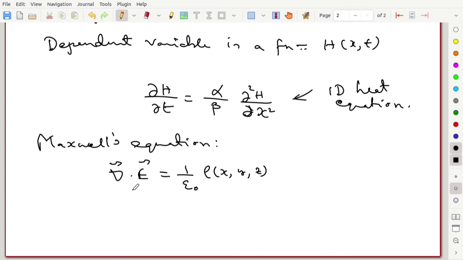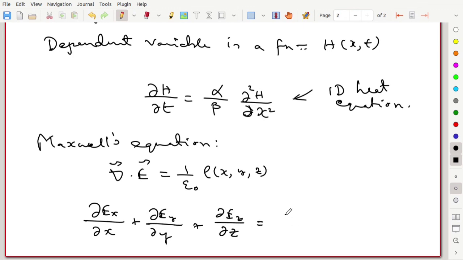This is a first order partial differential equation, and it's an inhomogeneous type. If we expand it and write it, we have ∂Ex/∂x plus ∂Ey/∂y plus ∂Ez/∂z equals 1 by epsilon naught times rho of x, y, z.